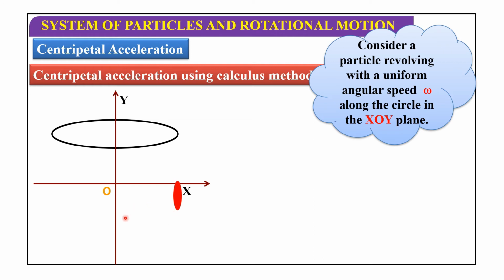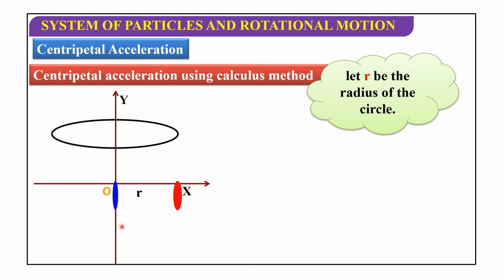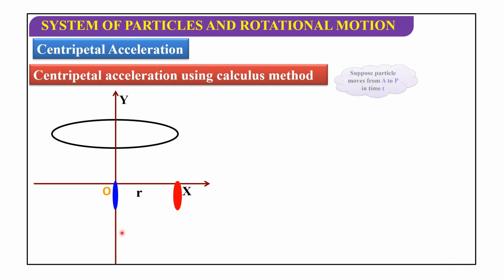Here we are taking the particle revolving with angular speed omega along the circle in the xy plane. Let the center of the circle be at the origin O. This is the center of the circle. Let R be the radius of the circle.